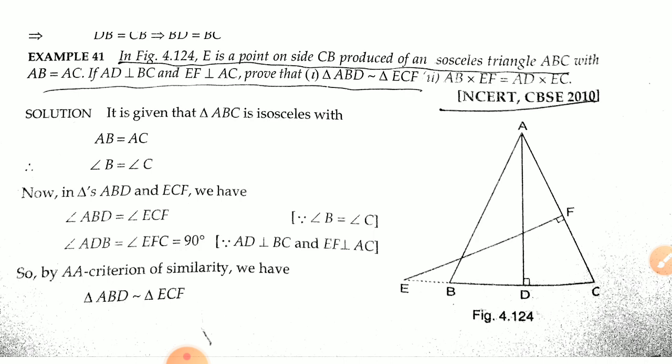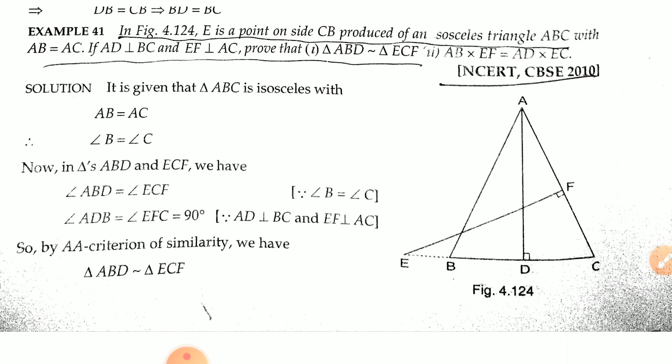Here ABC is an isosceles triangle with AB equal to AC, AD is perpendicular to BC and EF is perpendicular to AC.